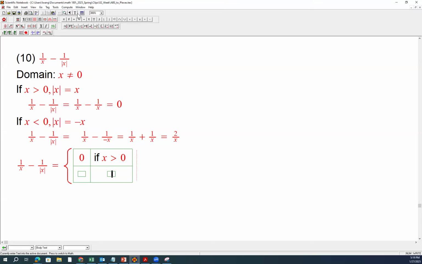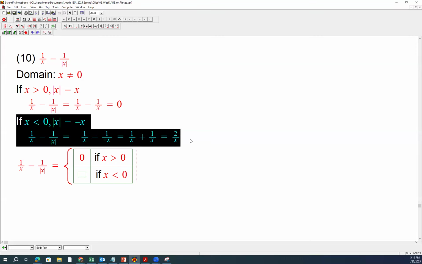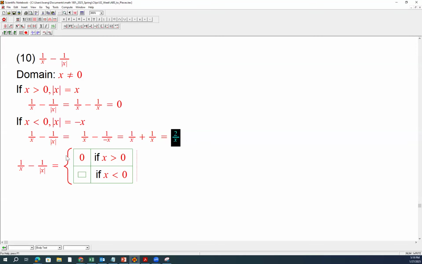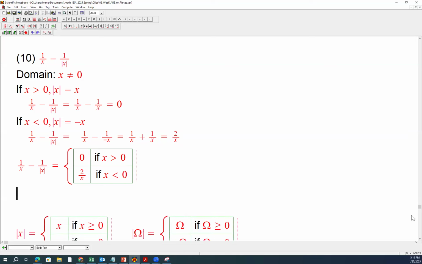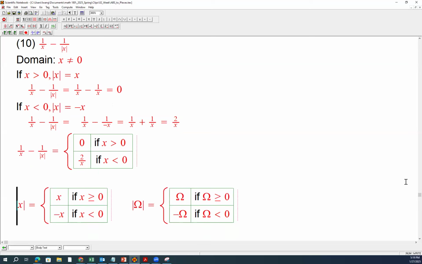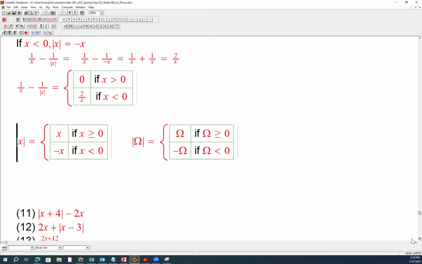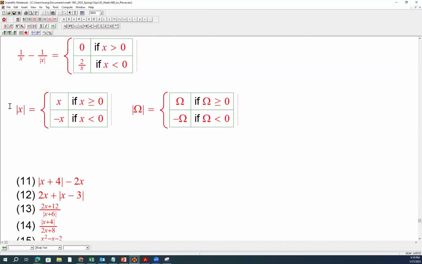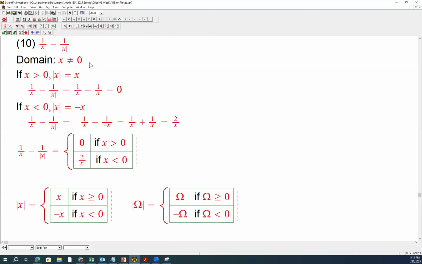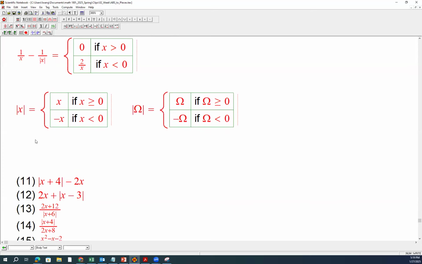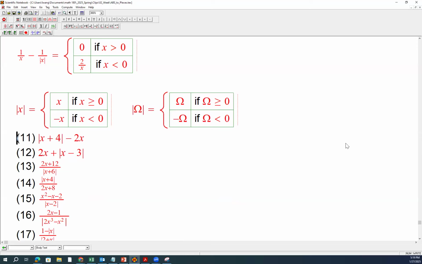If x is negative, we got 2 over x. So the work of this branch will be useful. Okay, so that's finished. These are the applications you will need in your calculus class, and we have indicated the domain. All right, number 11.